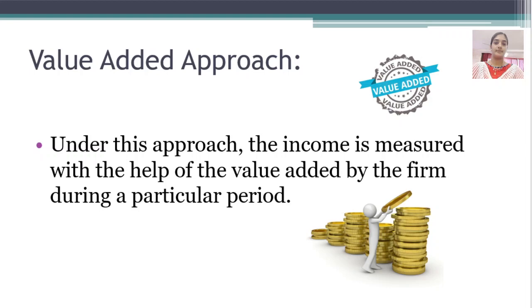For example, if the selling price of a product is rupees 50 per unit and the cost of raw material is rupees 26 per unit, to find out the value addition, cost of raw material must be deducted from the selling price. In this case, it is rupees 50 minus rupees 26. That is, rupees 24 is the value added to the product.